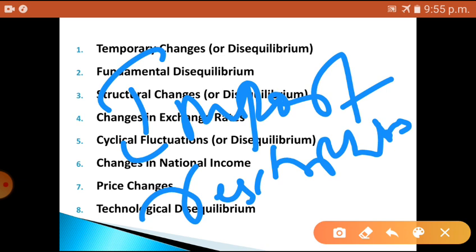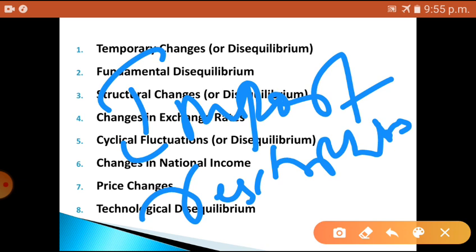Next, the third factor is deficit in BOP. Deficit in balance of payment arises when a country suffers from shortage of resources which it is required to import from other countries. Certain countries suffer shortage of resources when they require to import goods from other countries.